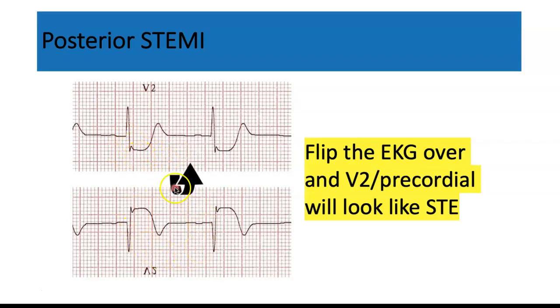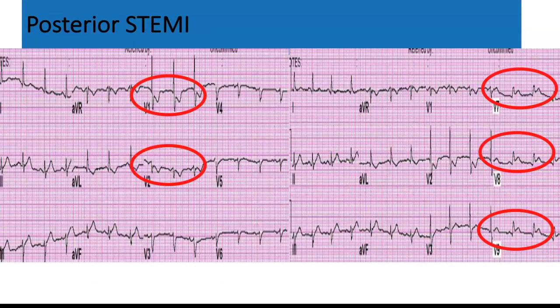If you flip the EKG, it'll appear to be a deep Q wave with ST segment elevation. So again, this is just the mirror image of the EKG. You can turn the paper backwards as well. You would need to get a posterior EKG to look for ST segment elevation and confirm your suspicion.